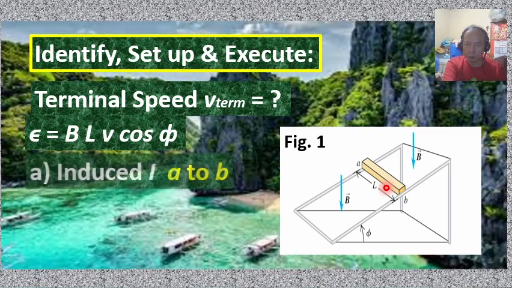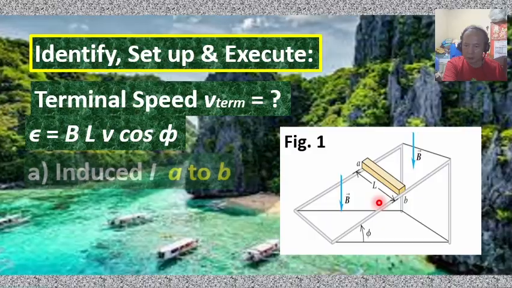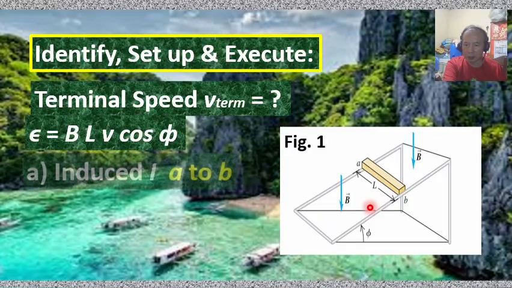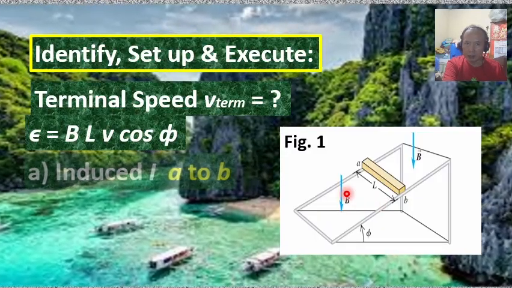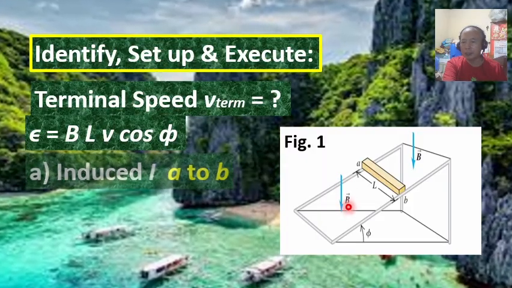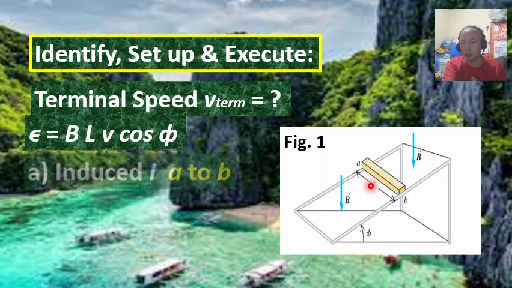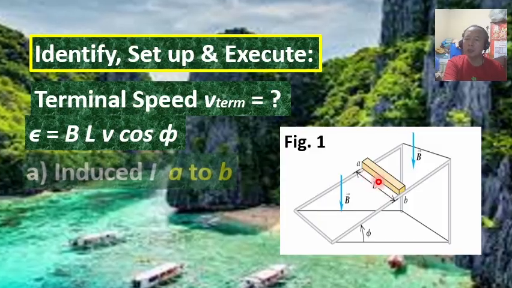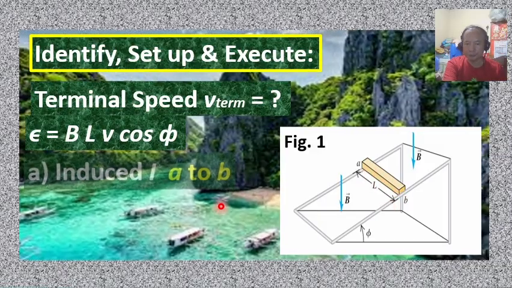The component of the force of gravity is being balanced by the magnetic force, opposing the movement of the bar.